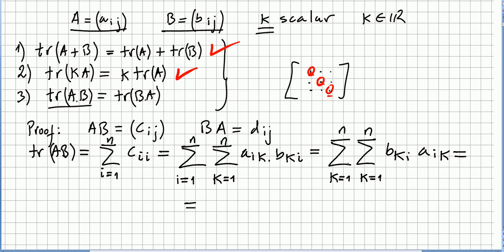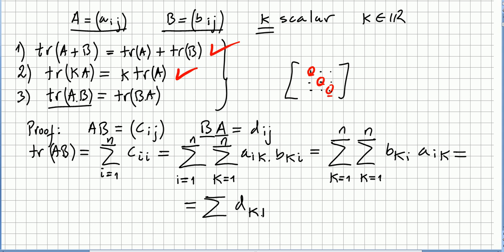But what is the sum of b_ki times a_ik? Well, that is the sum of the entries of b times a. So that's the sum of d, but I cannot use d_ij, this is the matrix.